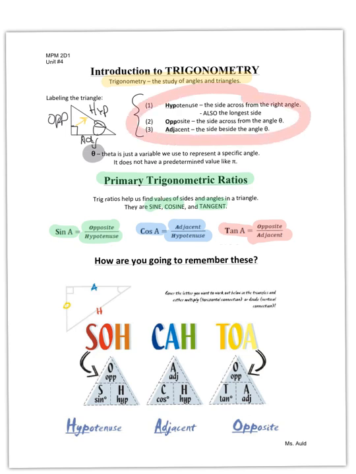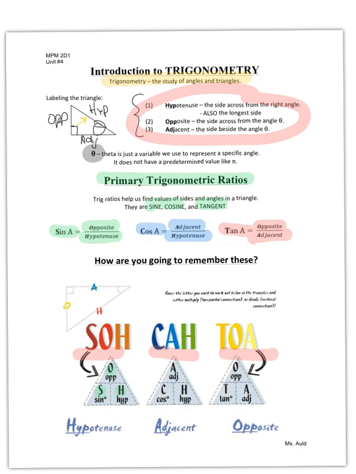So how are you going to remember these? You may have heard this word before. It's called SOHCAHTOA. And it helps us remember these ratios for sine, cosine, and tangent. SOH means sine is opposite over the hypotenuse.